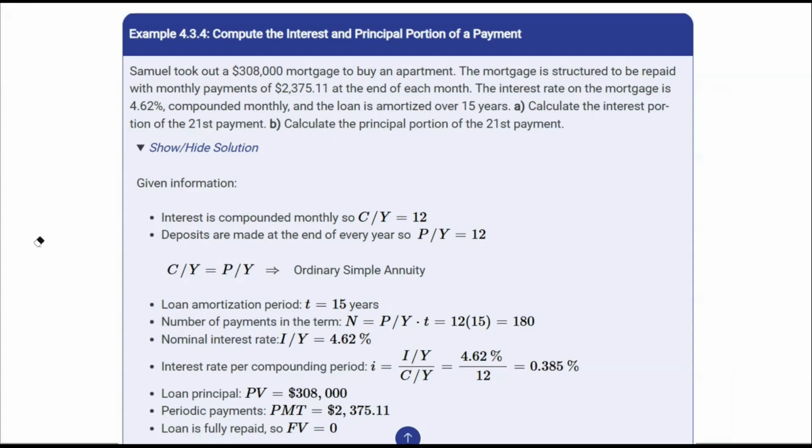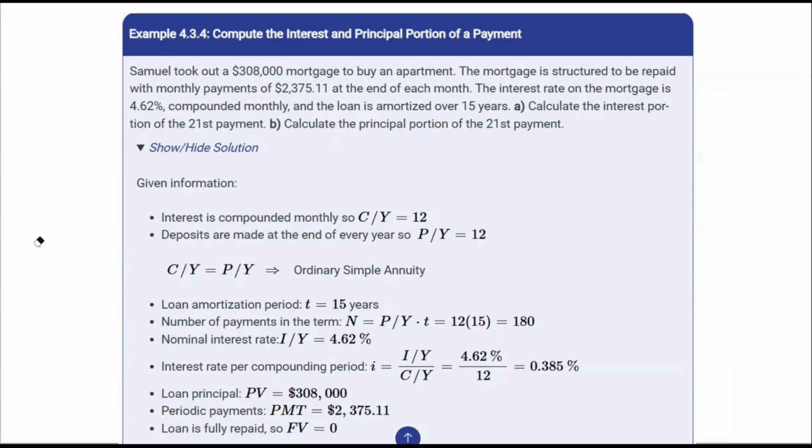So very realistic looking. I don't like that monthly component. Yeah, they'll pay a lot of money in interest when you finish. So let's see. We want to calculate the interest portion of the 24th payment and then the principal portion of the 24th payment. So those two.